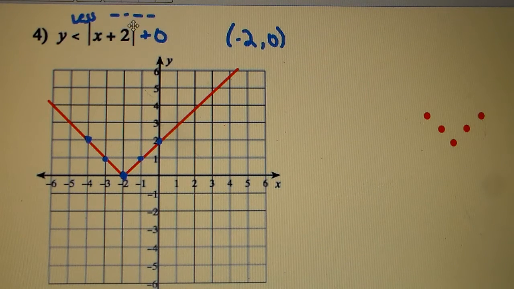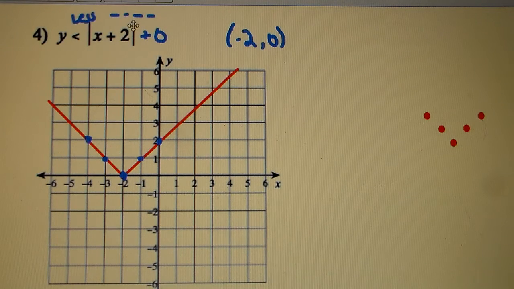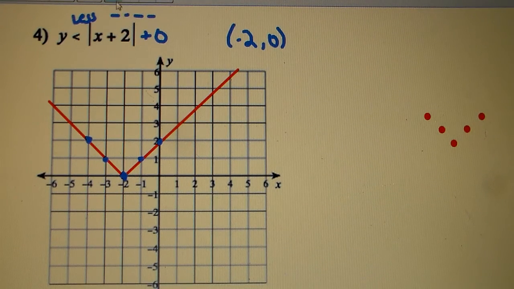And then we got to shade since this is y is less than. You gotta ask yourself, are we shading above the line or are we shading below? So we look at our y-intercept because it's referring to y, which is at 2. So where are the numbers that are below the number 2? Is it 3, 4, 5, or is it 1, 0, -1?